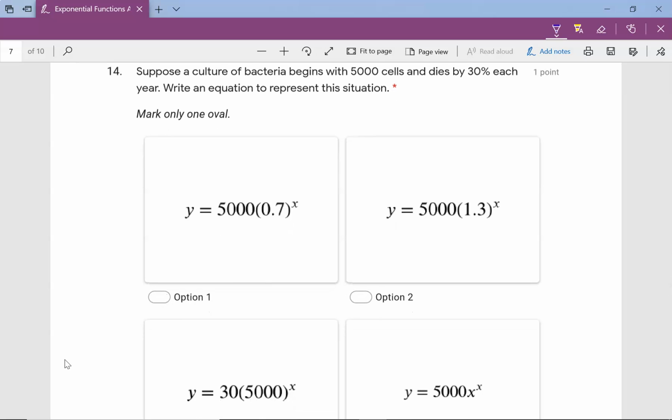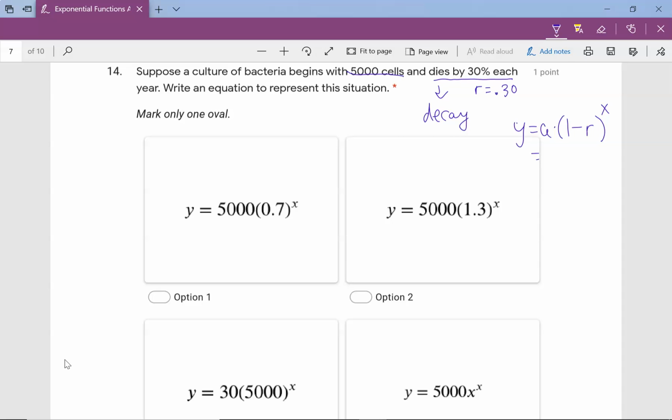Suppose a culture of bacteria begins with 5,000 cells and dies by 30%. So dies means decay. R is 0.30. When they give you these percentages as rates, that's when you know you're going to use the 1 plus R or 1 minus R. So we're looking at y equals a times 1 minus r to the x power.